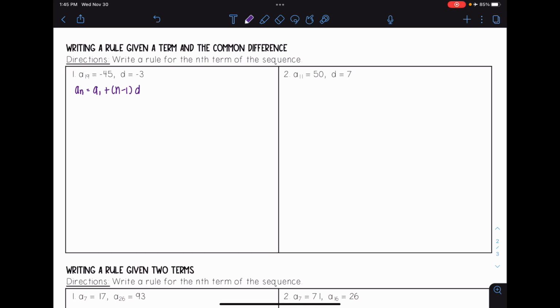So I can replace n with 19, and d with negative 3. But now I have an a1 and I have an a19. And I just want a1 to be the only variable in this. Well, I also know that a19 is equal to negative 45. So I can replace the a19 with negative 45.